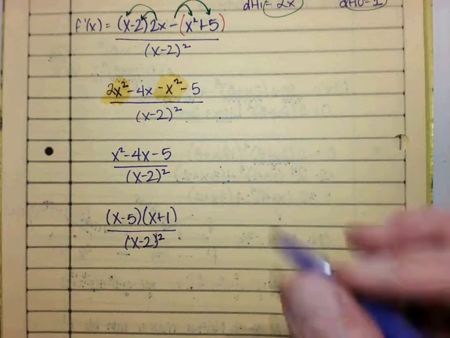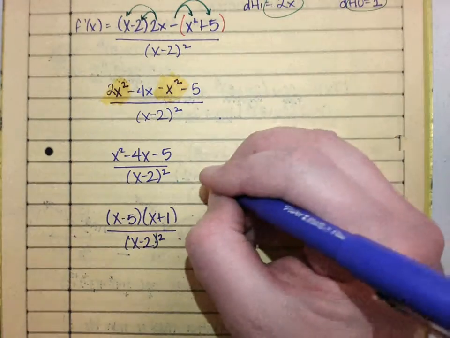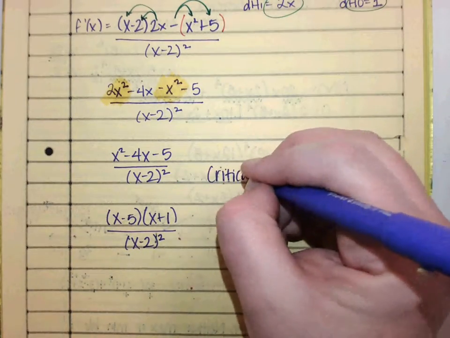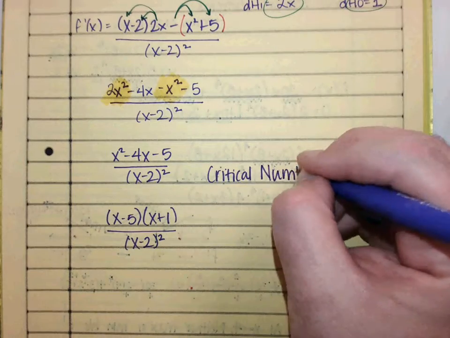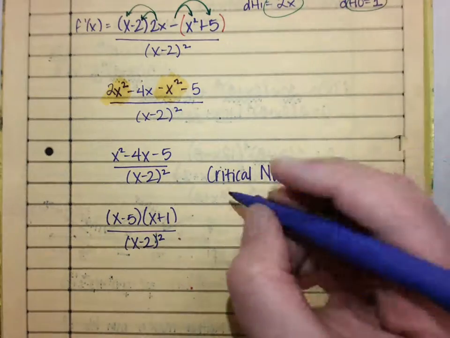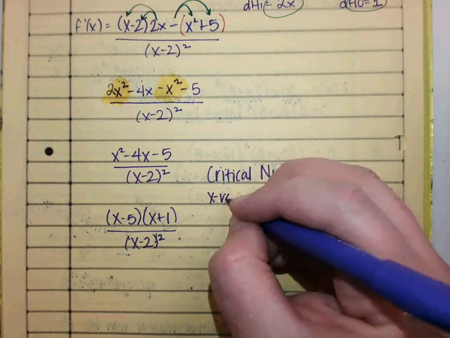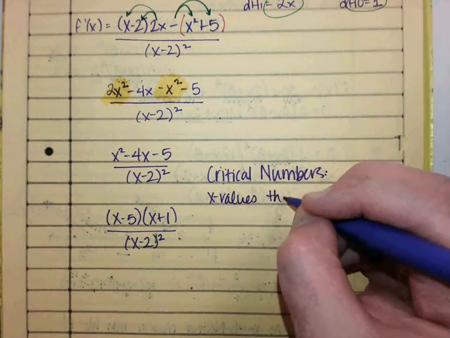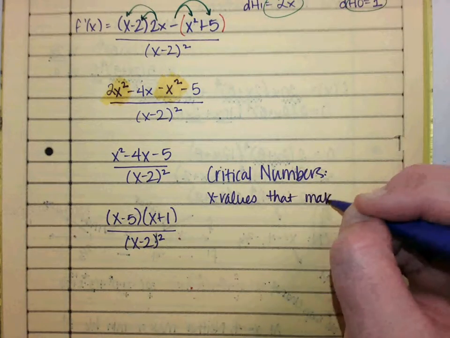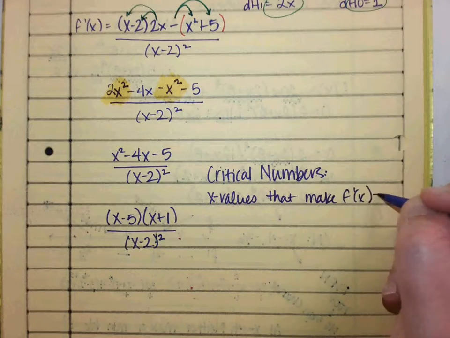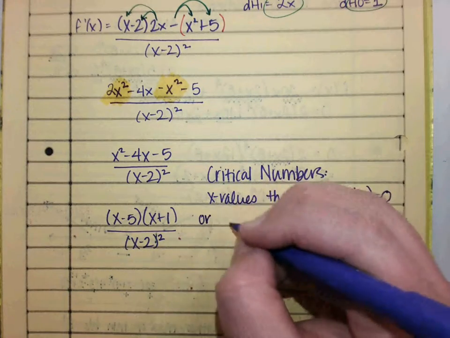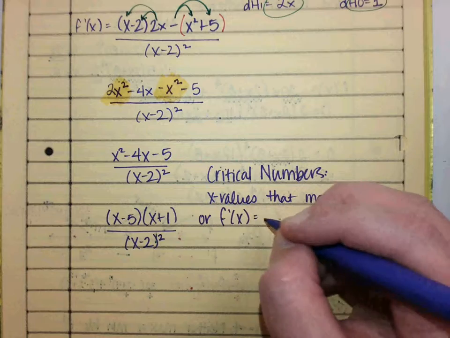And then if you look back to your instructions from Monday, remember that critical numbers are values of x that make f prime of x equal to 0 or f prime of x equal to undefined.